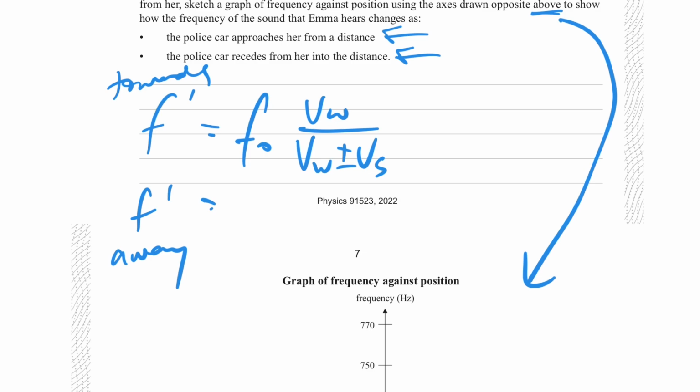The way I always remember for plus or minus is if it's coming towards you, you know you're going to hear a higher pitch. Therefore, this portion has got to be greater than 1. Because you multiply f naught by a number that increases it to f dash, to make that bracket greater than 1, you have to have a number that subtracts from VW on the bottom, because then you have a smaller number on the bottom, which means a bigger number divided by a smaller number is going to be greater than 1.